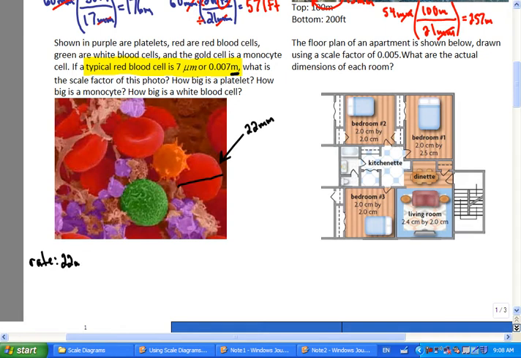So if we start with 22 millimeters, does anybody know how many millimeters are in a meter? 1,000. Yeah, there's 1,000 millimeters in a meter.